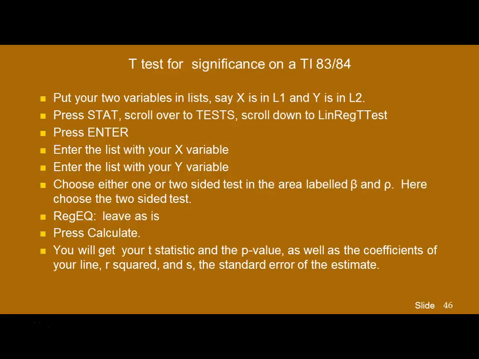If you want to do this t-test on a TI-83 or 84 calculator, first put your two variables in two lists. I've got x in L1 and y in L2. Press your Stat button, scroll over to Tests, and scroll down until you get to one called LinRegTTest, standing again for Linear Regression t-test.